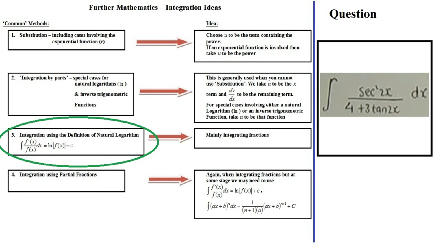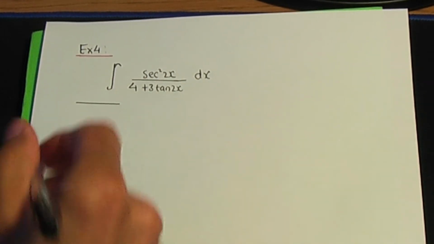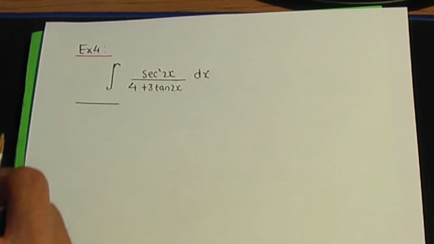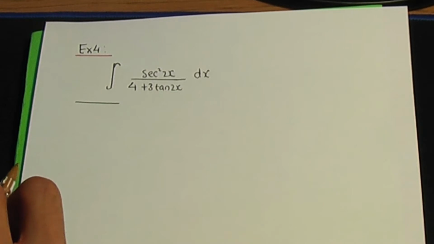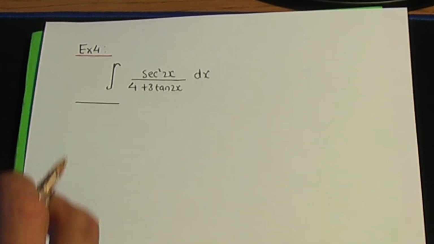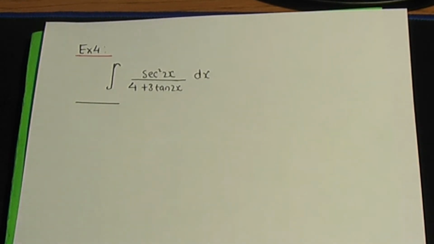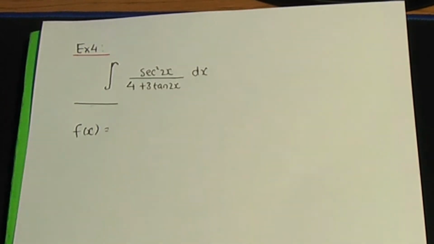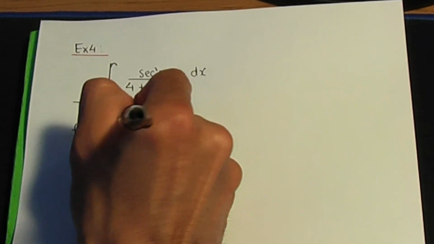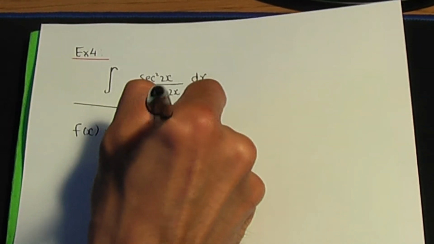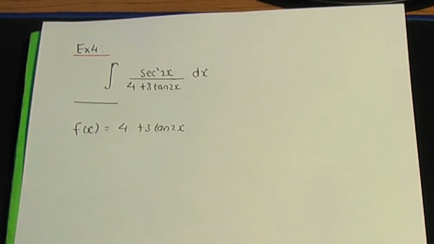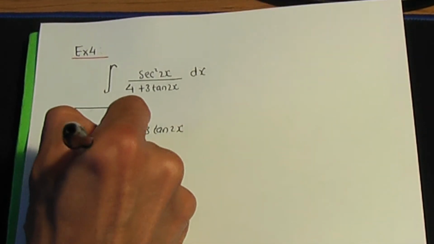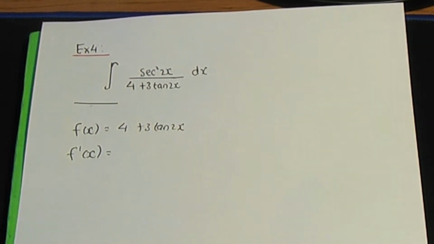So back to the paper and pen. Remember the method that I used in the integration of f primed over f of x video. A link to that video is provided in the description below. So remember the method. f of x is the term in your denominator, that being 4 plus 3 tan 2x. Now we calculate f primed, which means differentiate.